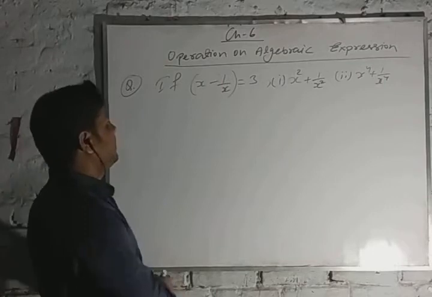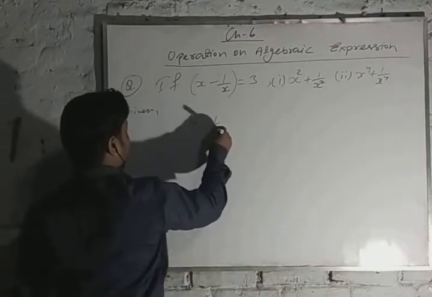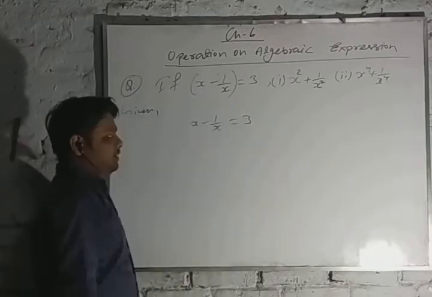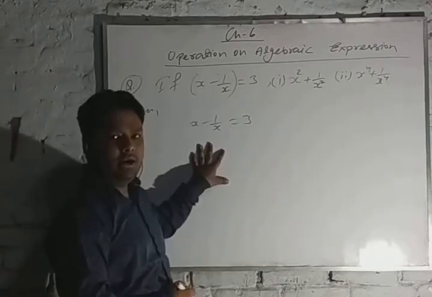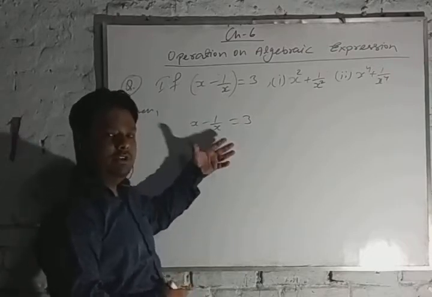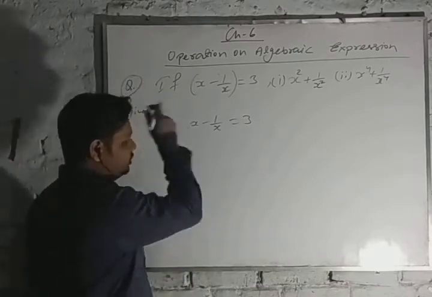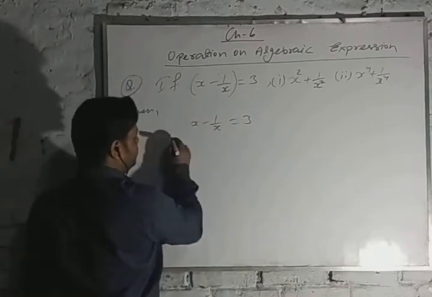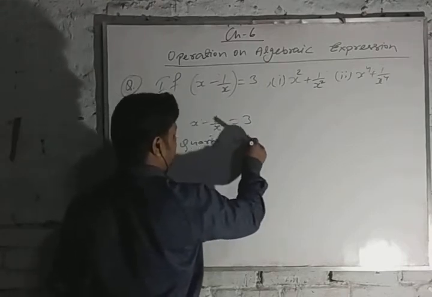Let's see. Here given x minus 1 by x is equal to 3. Now I am not using the formula here. Again you can solve it by the same method which we have used in question number 2 of the first question. Okay, so let's see at first. Again squaring both sides. You can also solve from the starting by this method.